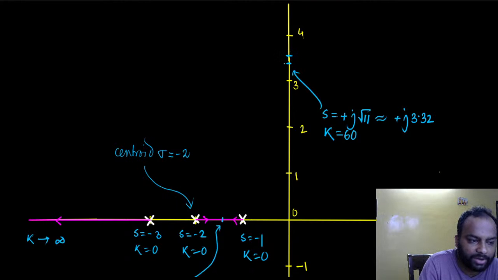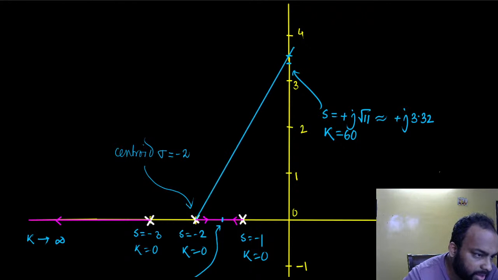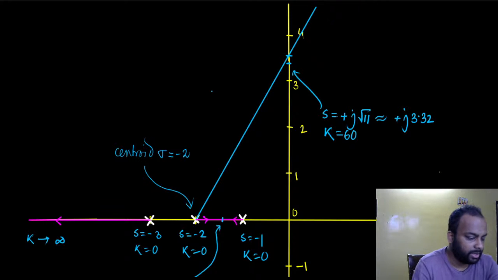And now if I draw a line that starts from here and goes like this, that would be a straight line that starts at the centroid and makes a 60-degree angle with the positive real axis. All right, so we made use of geometry. Pretty useful in that sense.